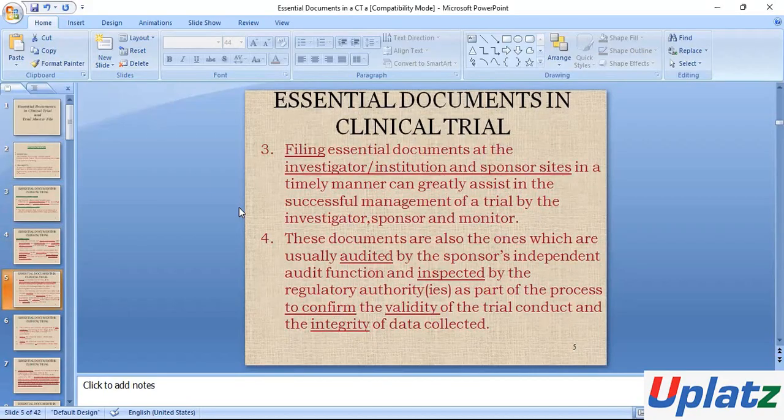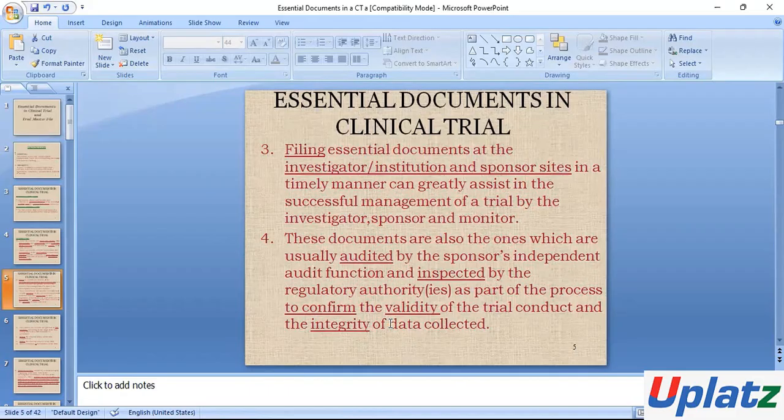These documents are also the ones which are usually audited by the sponsor's independent audit function and are inspected by the regulatory authority or authorities as part of the process to confirm the validity of the trial conduct and integrity of data collected. So till now with these four points you must have understood that those responsible for maintaining the trial master file are the investigator, sponsor, and monitor.